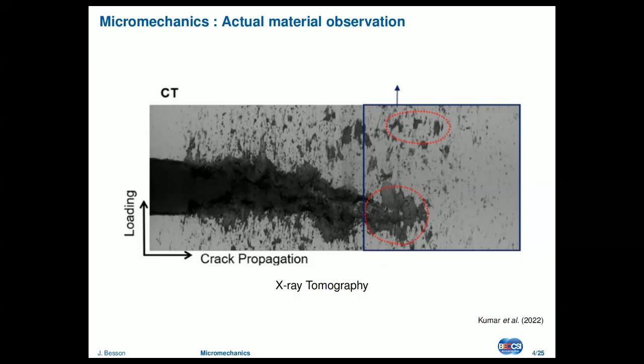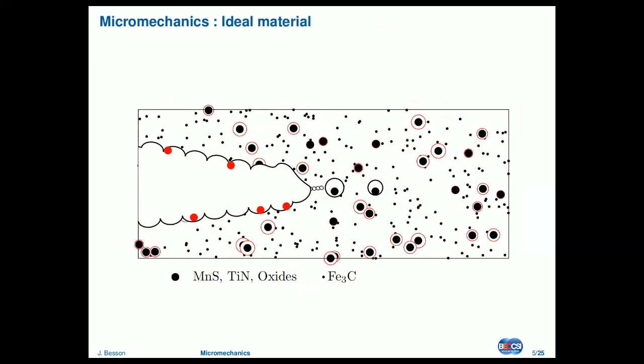So based on that, we have to imagine some kind of ideal material. That's part of the micromechanics approach. So in that case, we will describe the material as a matrix, but containing relatively coarse particles such as manganese sulfides, titanium nitrides, and oxides.